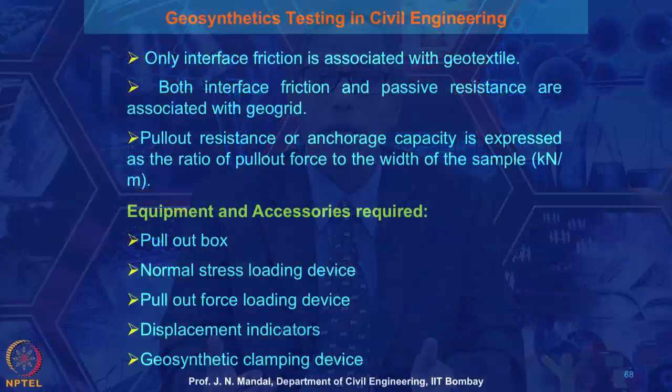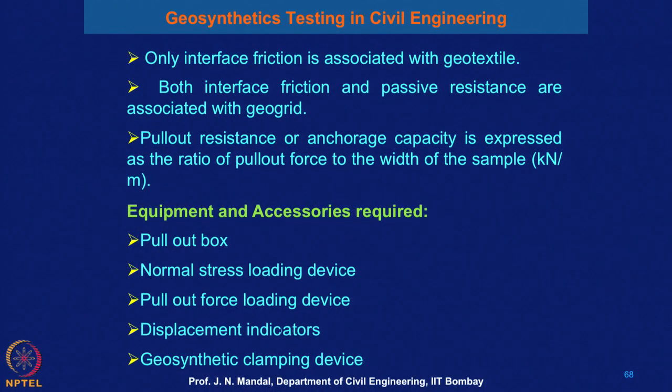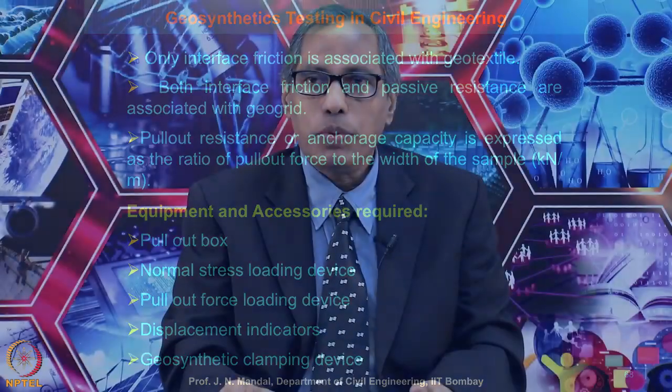So, pull-out resistance or anchorage capacity is expressed as the ratio of the pull-out force to the width of the sample, and it is designated in kilonewton per meter. To perform the pull-out test, we require certain equipment and accessories.